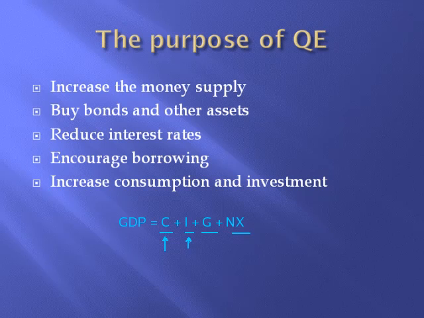The problem with QE and the problem with any kind of monetary policy is that while the Fed may want to do something, it's incumbent upon the citizens of a country to respond to what the Fed does. If we don't spend money as a group of people, even if it's very cheap to borrow that money, then what the Fed wants to happen won't happen.